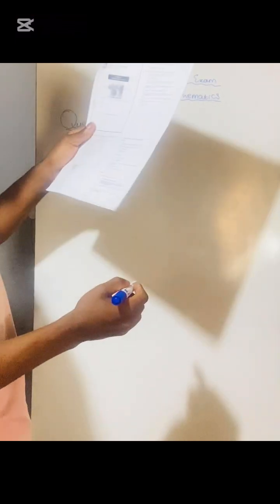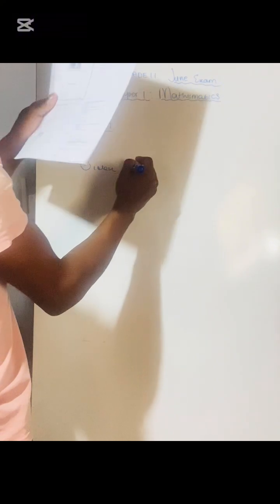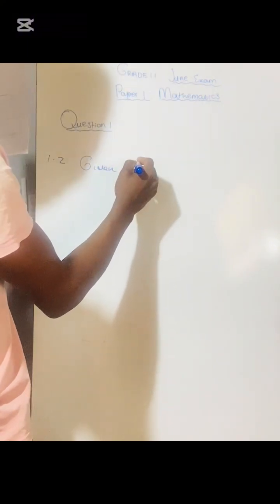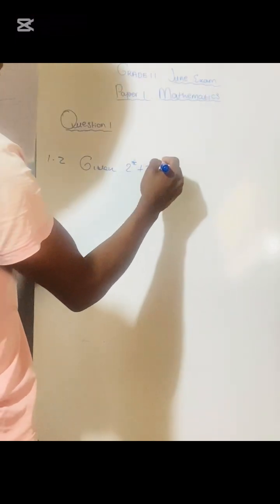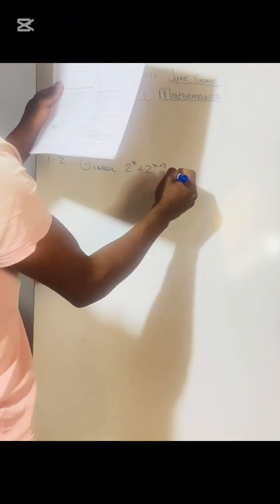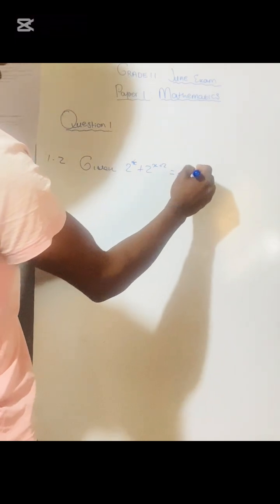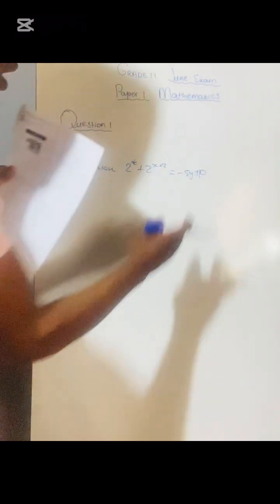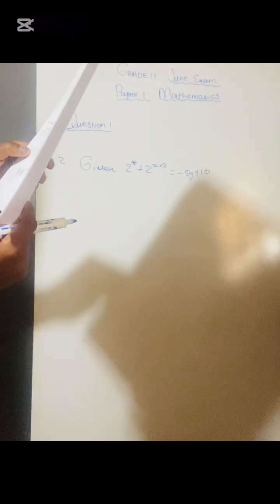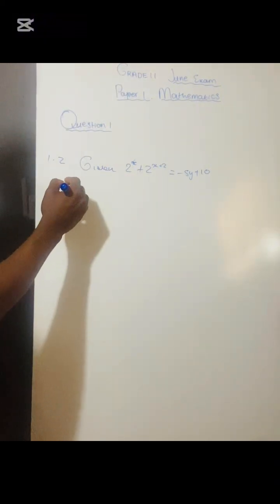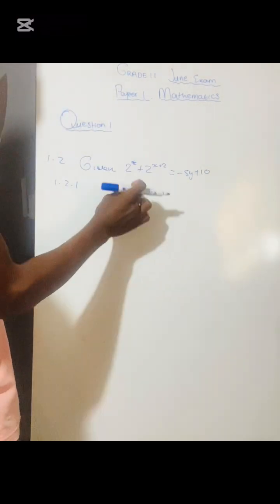So what we're given actually, we are given 2 to the power of x plus 2 to the power of x plus 2 equals negative 5y plus 10. So now, in this question, they are saying express 2 to the power of x in terms of y. This is 1.2.1.